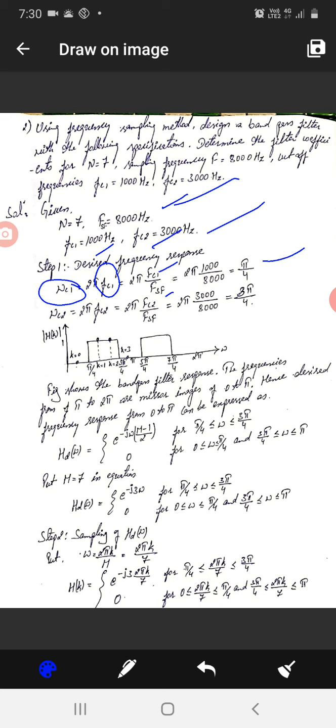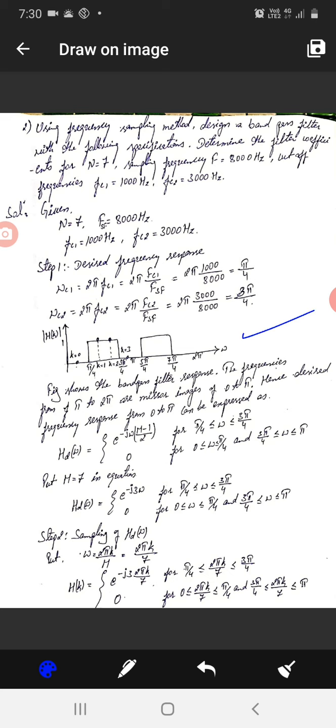Then omega c2 is equal to 2 pi fc2 divided by the sampling frequency, same way. 2 pi into 3000 divided by 8000, you will be getting 3 pi by 4.